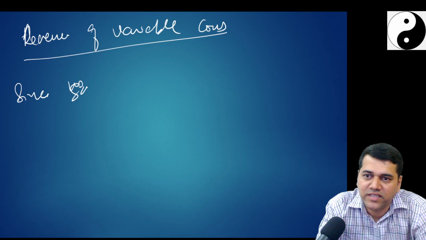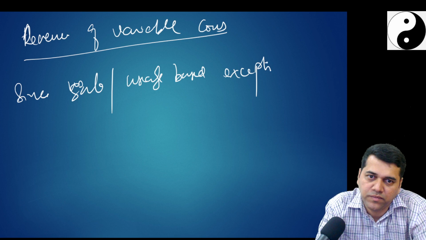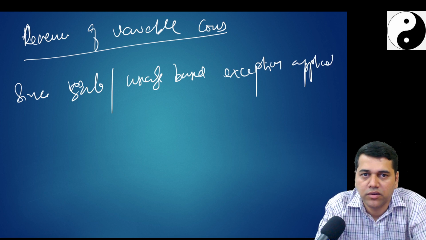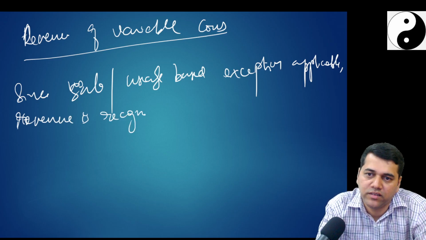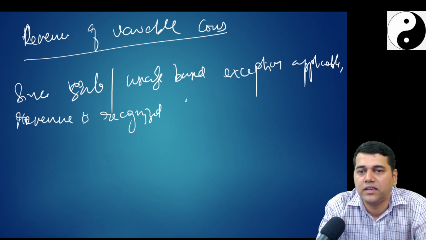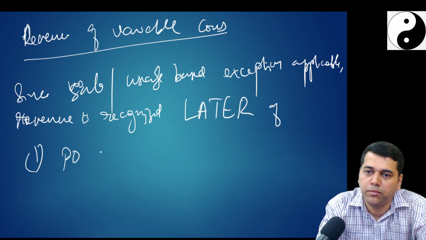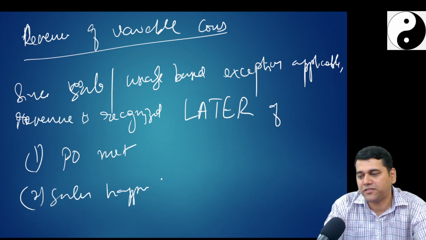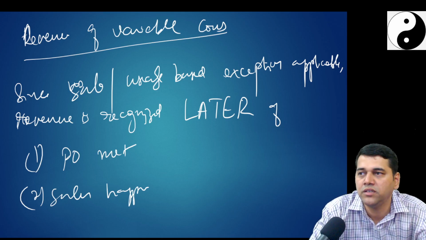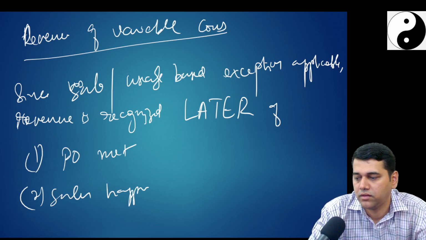Since the sales-based usage-based exception is applicable, revenue is recognized when the later of the two occurs: the PO is met or the sale happens. So first I'll explain that. Whenever the sale happens or the PO is met, that I am going to recognize, whichever is later.